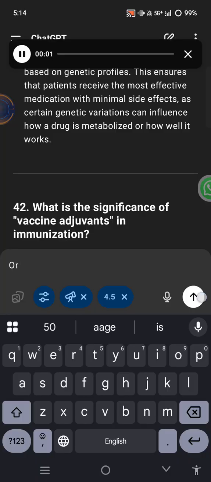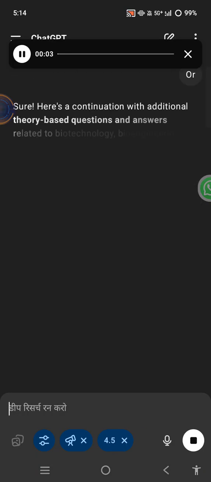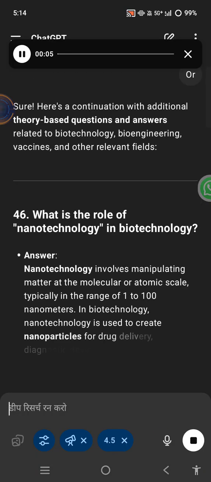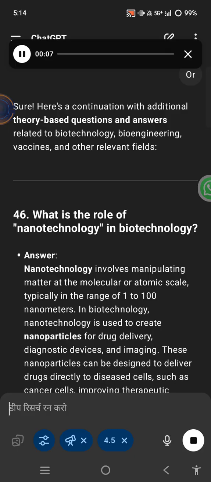Sure, here are additional theory questions and answers related to biotechnology, vaccines, and various associated fields, expanding further on the topic. 31. What is the difference between attenuated and inactivated vaccines? Answer: Attenuated vaccines contain live pathogens that have been weakened so that they cannot cause disease in healthy individuals.